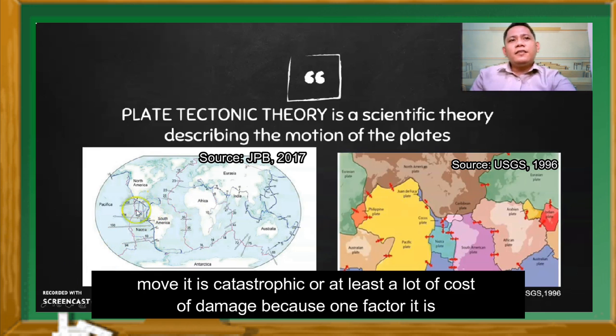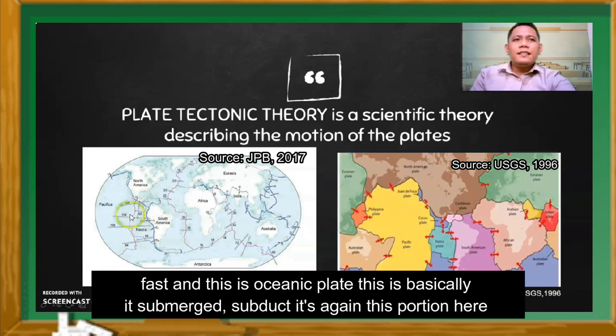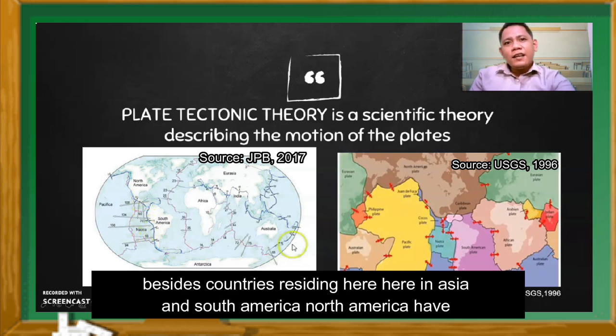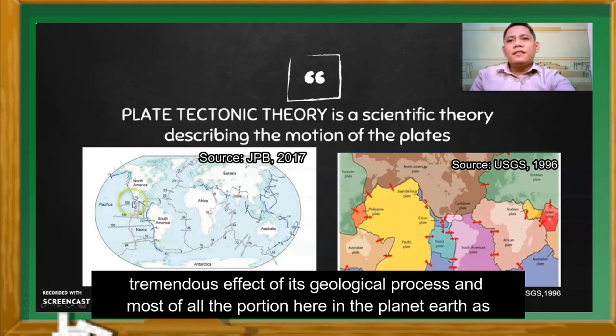One factor is that the movement is fast, and this is an oceanic plate, so basically it submerges, it subducts. So the countries residing on these sides, over in Asia, South America and North America, have tremendous effects from its geological processes.